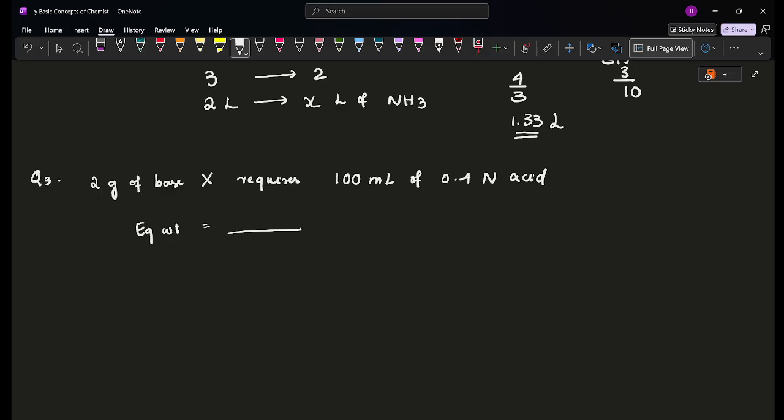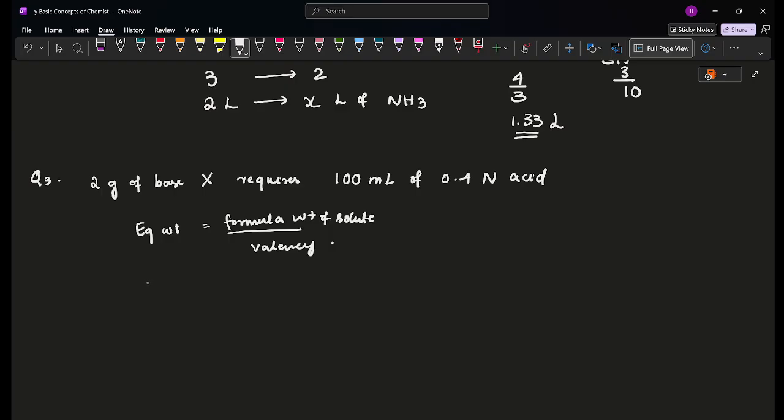Let me quickly check what equivalent weight actually is. So equivalent weight is formula weight of solute by valency. Now they've just given the base X and acid, so we'll not be able to find the n factor, but equivalent weight most likely would be the molecular weight.